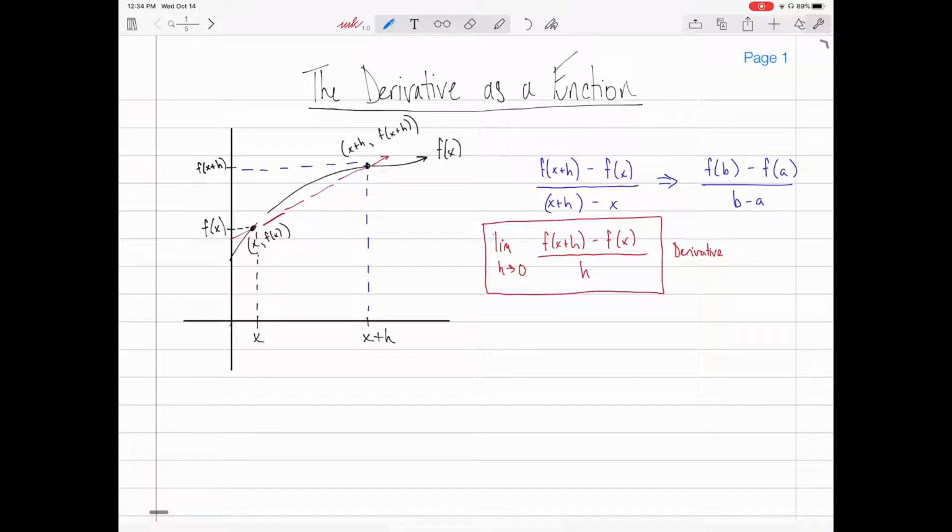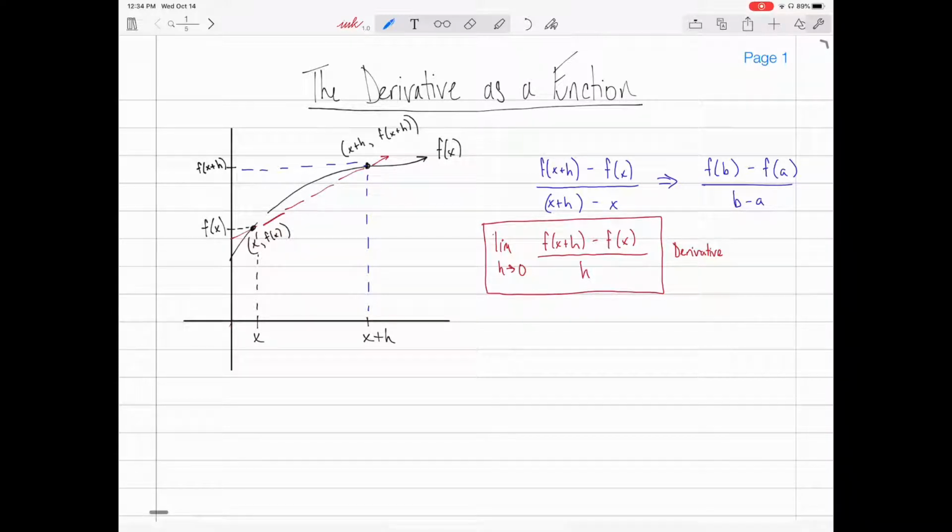And if you look at that, what it's saying is that if we go back to this graph here, as the difference between x and x plus h becomes 0, we're going to have a different kind of line.